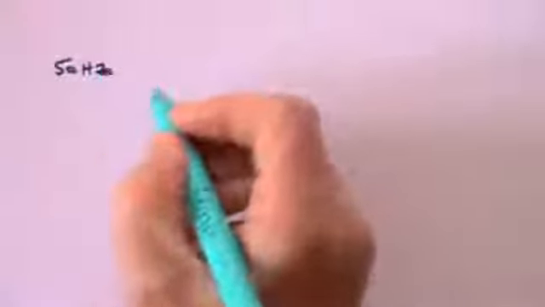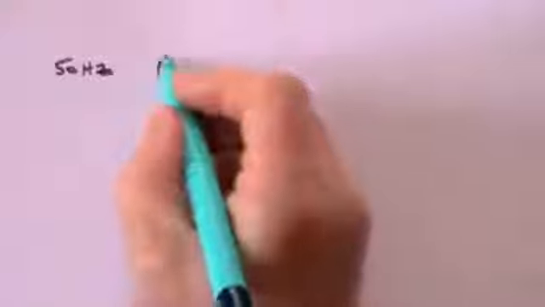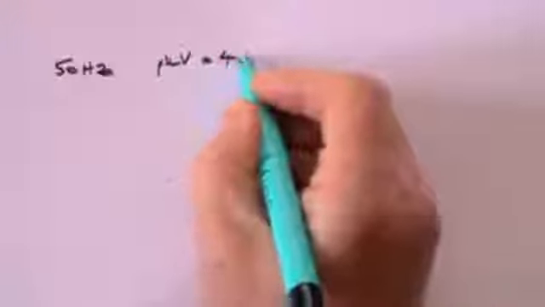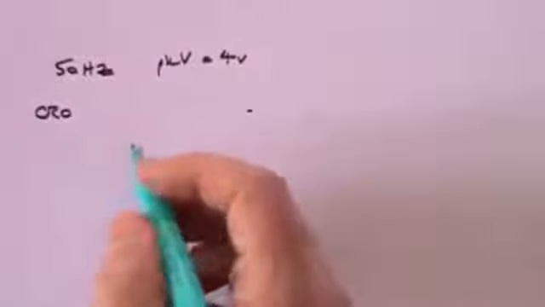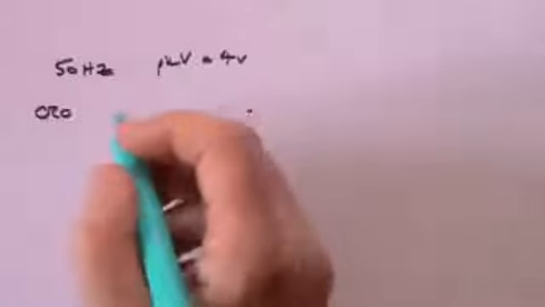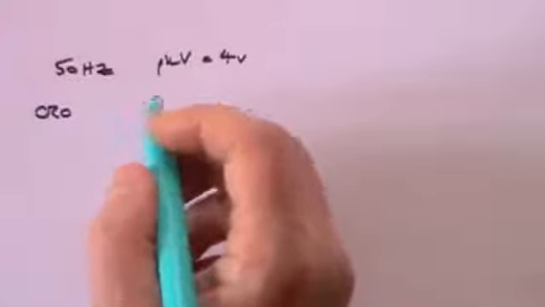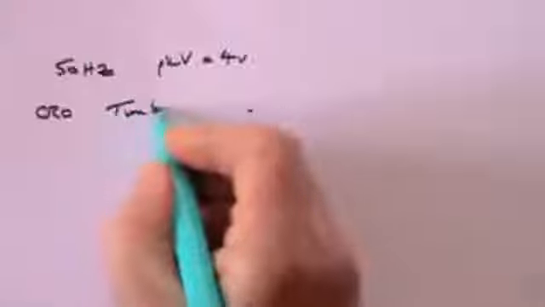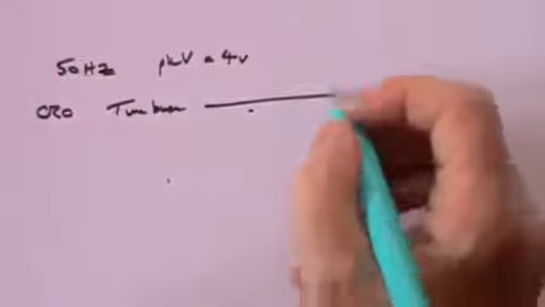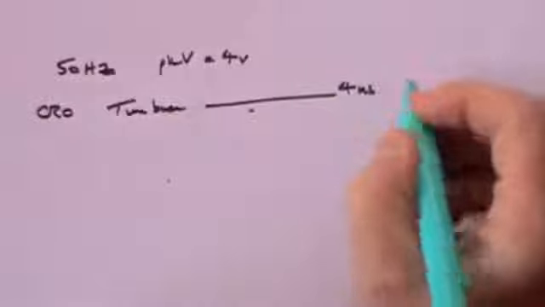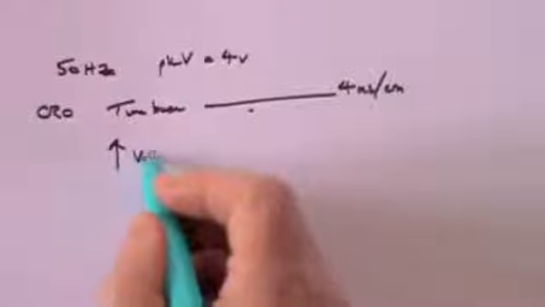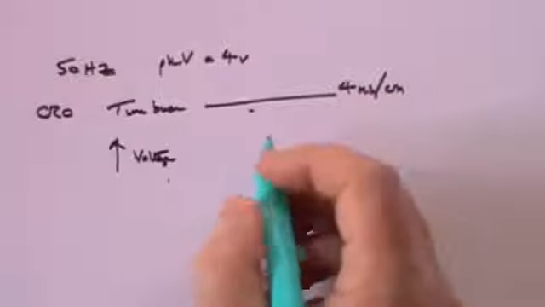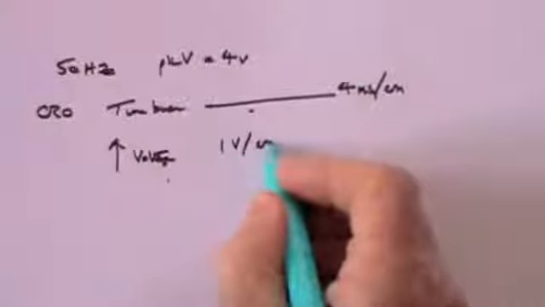We are told that there is an alternating current with a frequency of 50 hertz. Its peak voltage is 4 volts. And we're going to use a CRO, a cathode ray oscilloscope, and we're going to have the settings on this that the time base, which is the horizontal value, is going to be set at 4 milliseconds per centimetre, and the voltage base, which is the vertical measurement, is going to be set at 1 volt per centimetre.